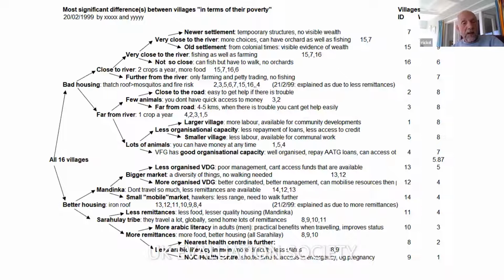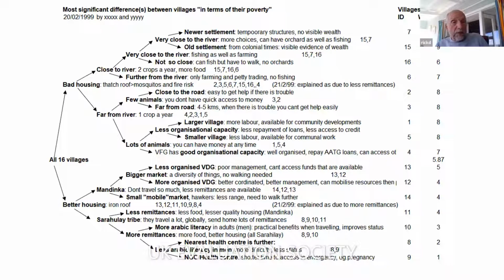With the bad housing villages, of which there were about half altogether, I think, I asked him to split those into two piles. And he said, well, these villages here are close to the river, and these ones over here are further away from the river. And I then asked him, well, what difference does that make? Again, asking a naive question.